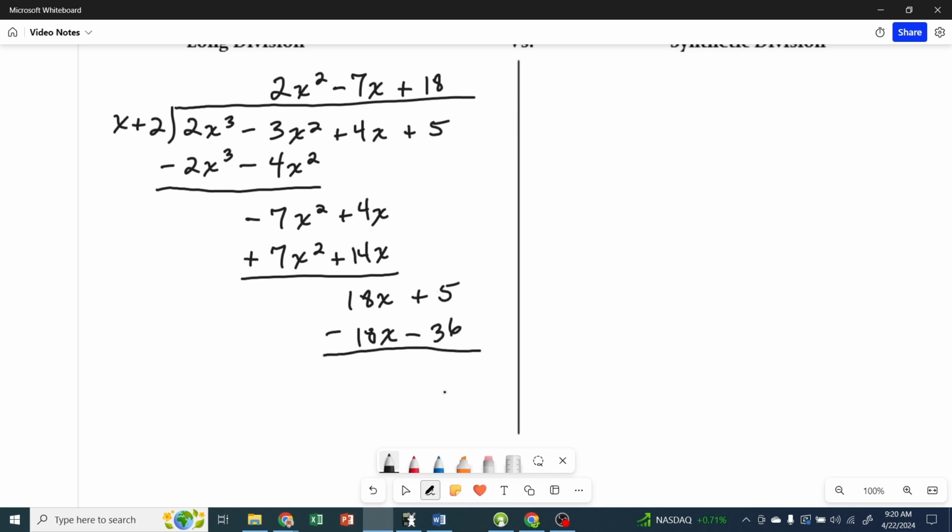Add down, and we end up with negative 31. So our final answer is 2x squared minus 7x plus 18 minus 31 over x plus 2. And there's your answer.